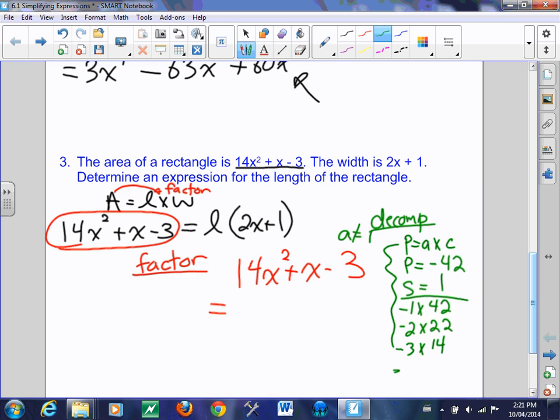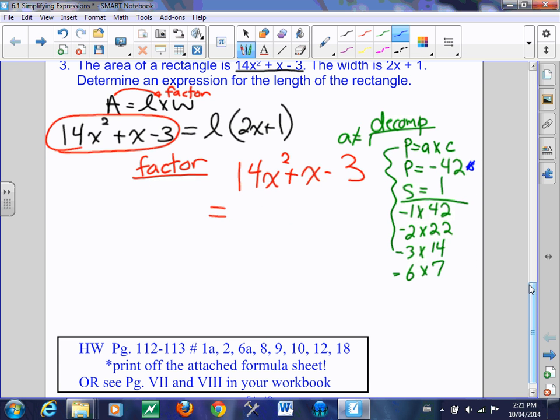Yep, so it's negative 6 times 7. Which one of those, because all of those suit that classification, but which one of these 4 will, when you add them up, have a sum of 1? And that would be the last factor.